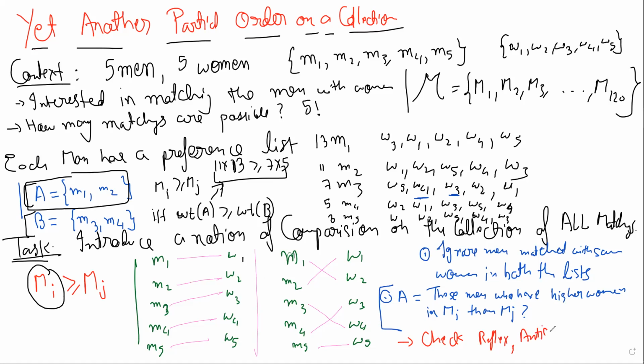Antisymmetry you have to check. It is not difficult. Please do it, because unless you do it, you will not understand whether you have really understood this or not. Also check transitivity. Let me just think if that holds. I can just say check.